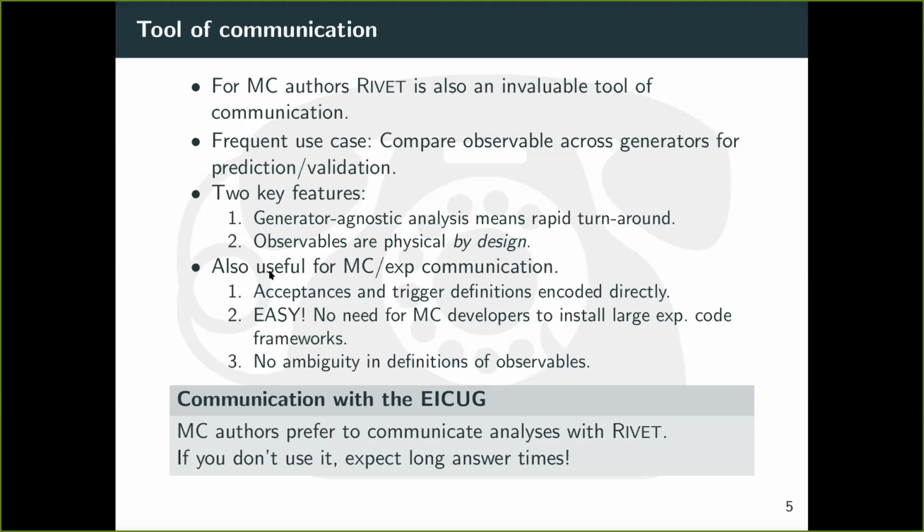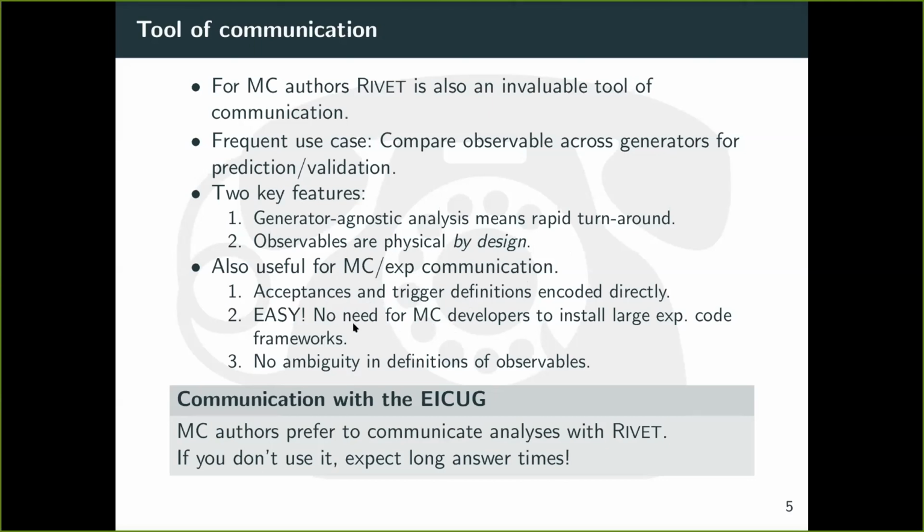It's also useful not just for comparison between Monte Carlo and existing data, but also between Monte Carlo authors and experimentalists who want to take data in the future, such as at the EIC. So you can easily set up some ideal detector with some acceptance, and you can set up the trigger definitions.